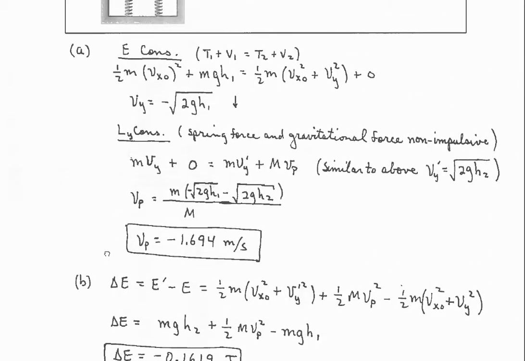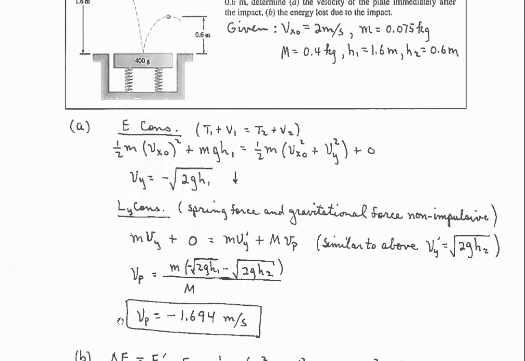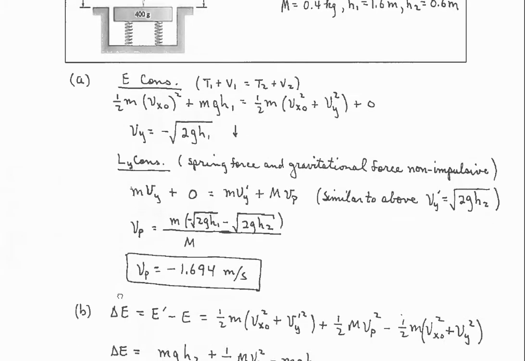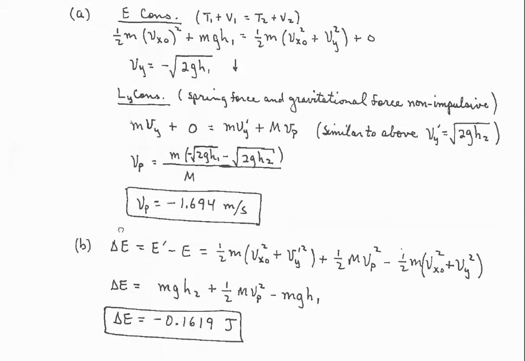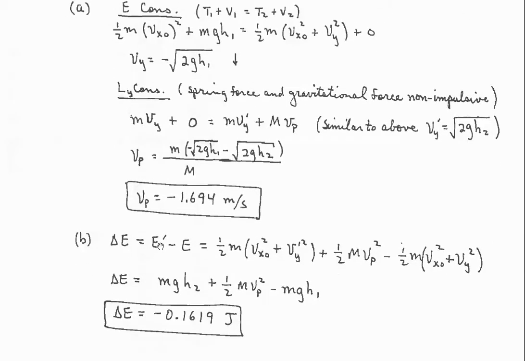And they want us, in the C part, to find the energy lost due to the impact. I'm just going to calculate the change in energy that took place. A change in anything is the final, which I'm going to call E prime, minus the initial, which I'm going to call E. The final energy just after impact is 1/2 m times Vx naught squared plus Vy prime squared for the little mass m. And then the kinetic energy of the plate is 1/2 times capital M times the velocity of the plate squared.